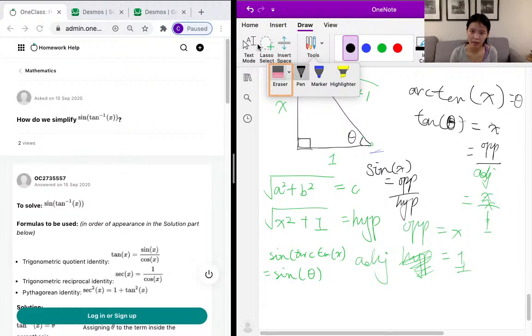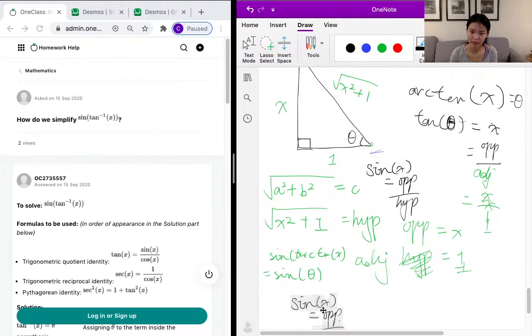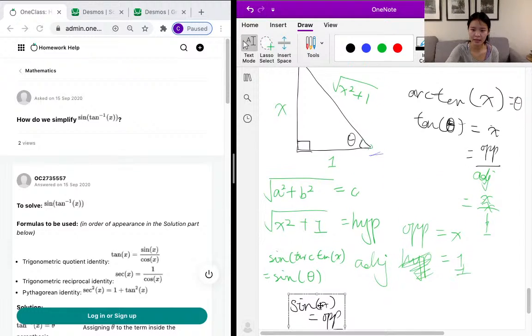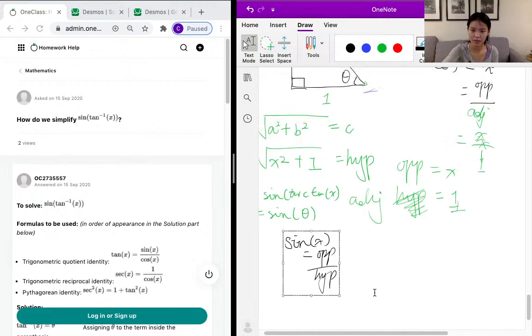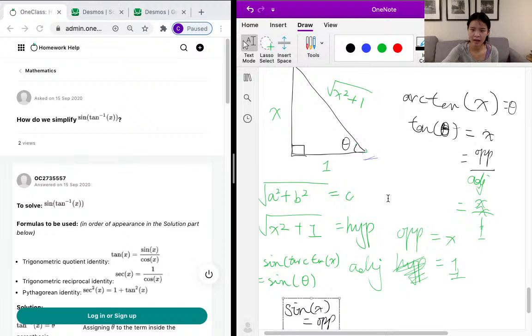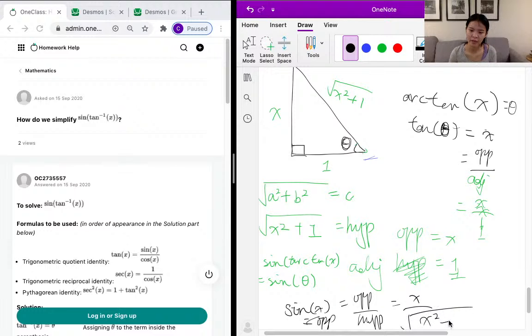Let's move our final solution down below so that we have a clearer view. In our triangle, the opposite of the angle is x, and the hypotenuse is the square root of x squared plus 1.